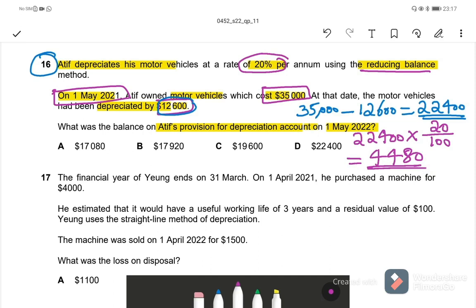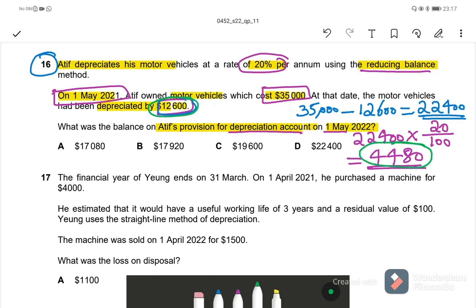So what is the question? What is the provision for depreciation account on 1st May? Total depreciation. We have the depreciation of this year, 4,480, and opening depreciation 12,600.